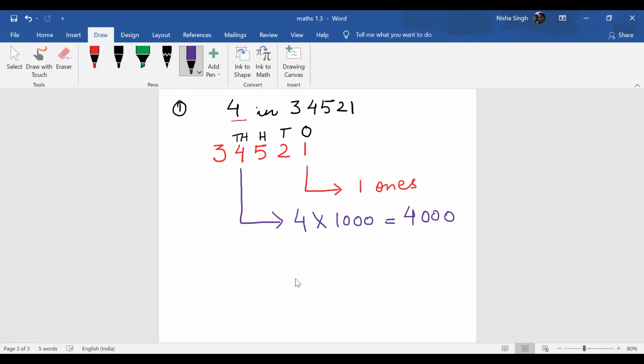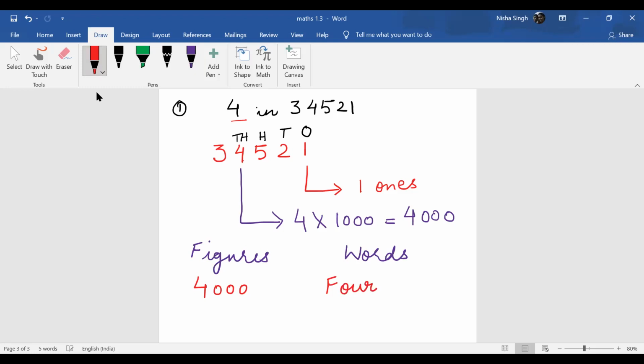This is in figure. If the question asks to write the place value of 4 in figure and in words, how will you write it? In figure, you will write it as 4,000, and in words, you will write it as four thousand.